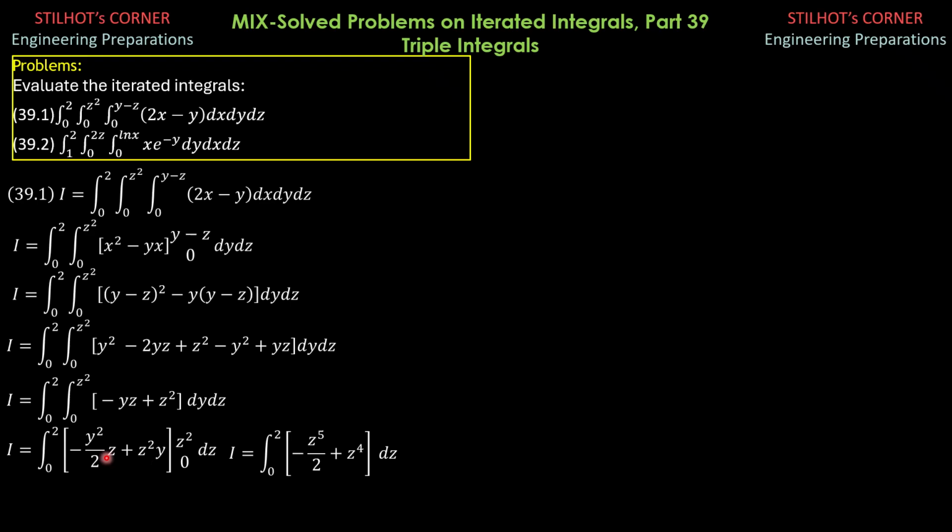Negative z to the 5th over 2 plus z to the 4th, rather, z squared times z squared, so z to the 4th, then 0, lower limit, dz. Finally, this is negative z to the 6th over 12 plus z to the 5th over 5 from 0 to 2.